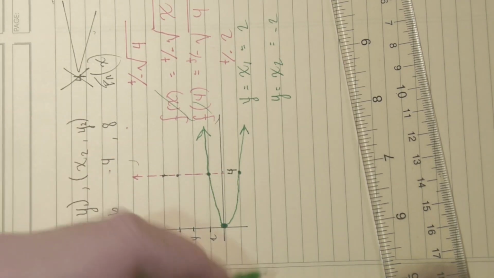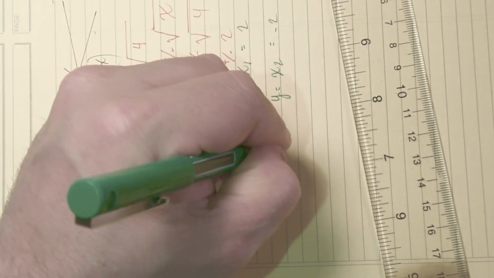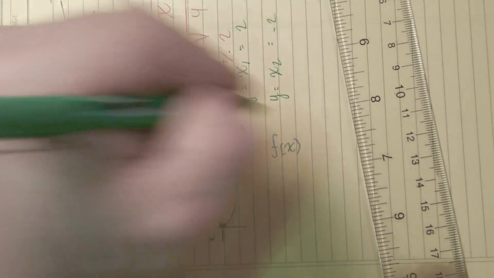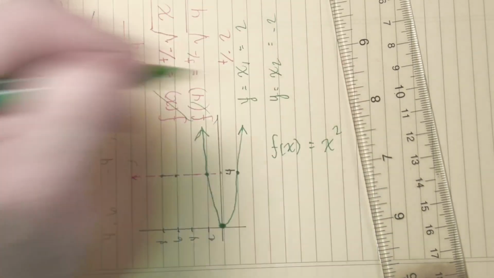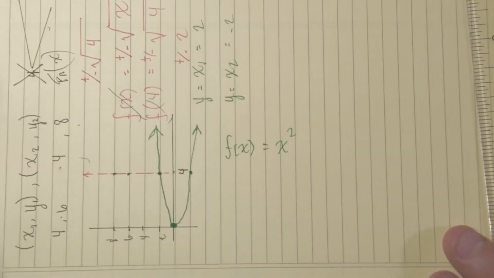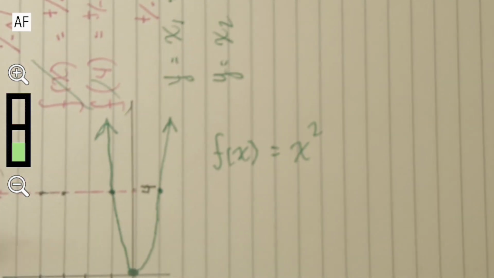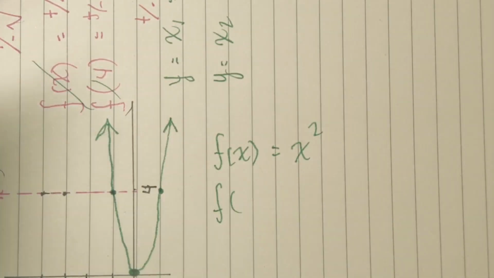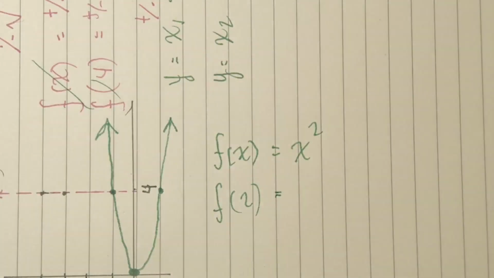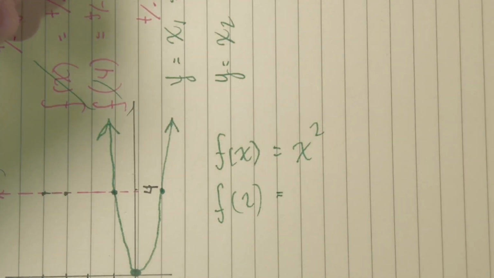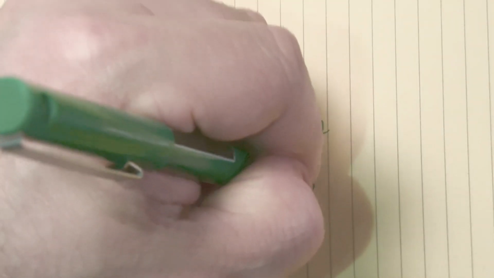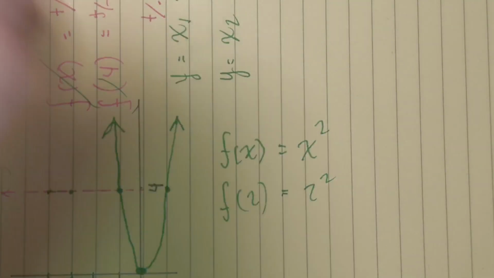In fact, it is. I mean, if I said f of x equals x squared, I'm trying to show you the relationship between square root and squared. And I plugged in f of 2 equals 2 squared. See, I took my solutions.